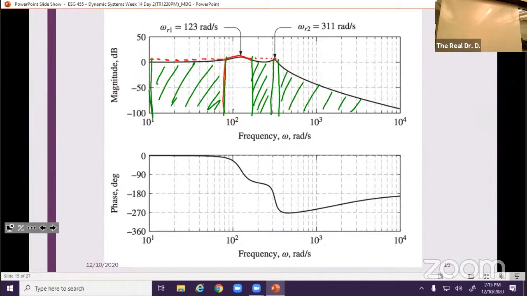Last thing we'll talk about with the Bode plot. All right, what's the resonant frequency?